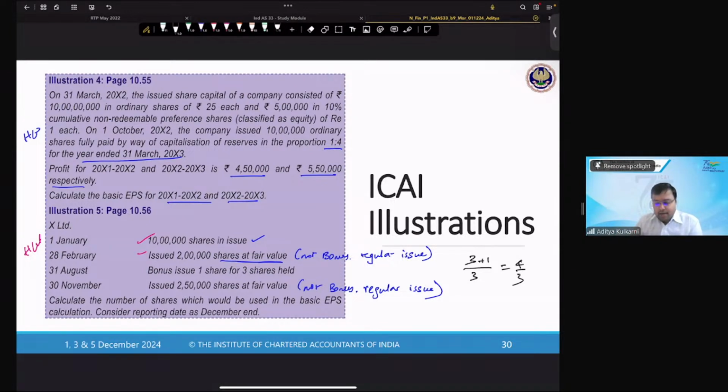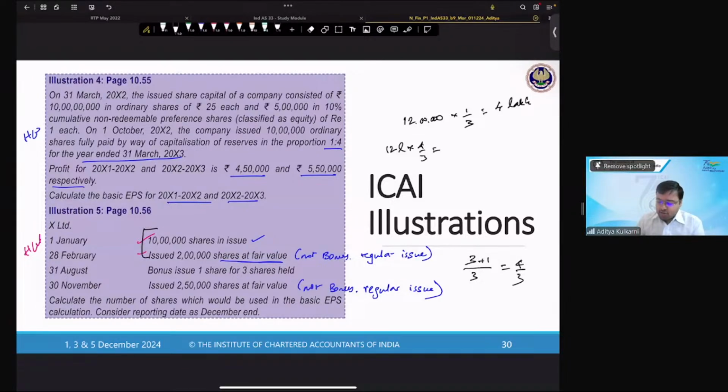Which is nothing but you have 12 lakh shares in your capital structure, 10 plus 2. 10 plus 2 के लिए what I and you would have done is 12 lakhs के लिए we would have received 1/3, that is 3 fours are 4 lakh shares, right? Yes, sir. What institute is doing is 12 lakhs into 4/3 directly.